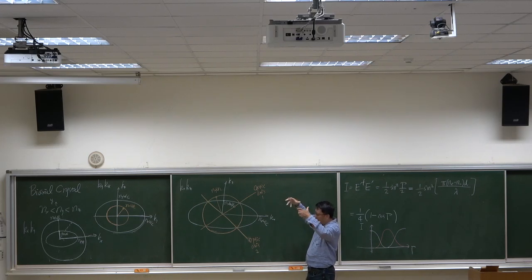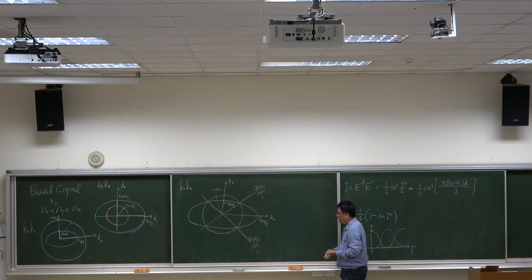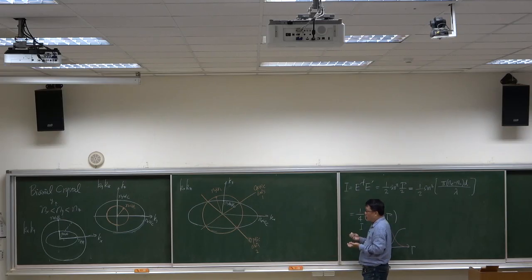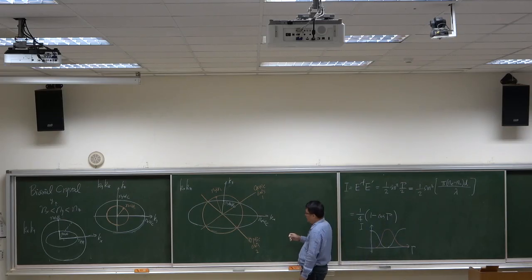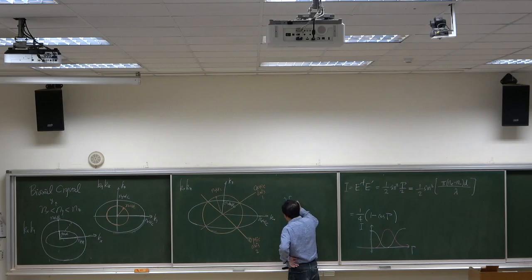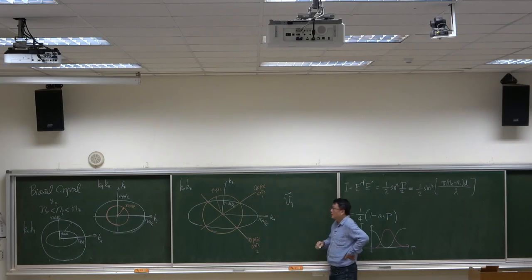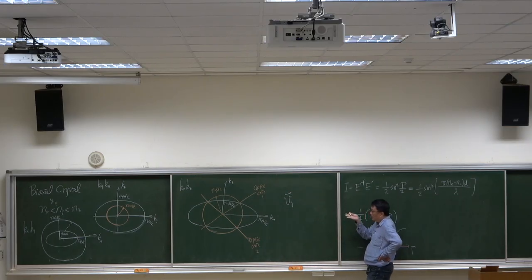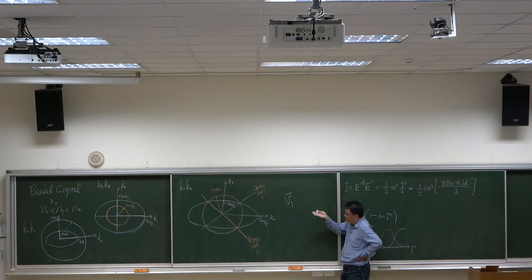Now we want to look at something we discussed before: if we want to know the group velocity, that is, where the energy of the light actually propagates, what we need to do is take the gradient of omega on the normal surface. Then we will know which way the light propagates. So we have already introduced the idea of group velocity, which is the direction along which the light beam or energy propagates.